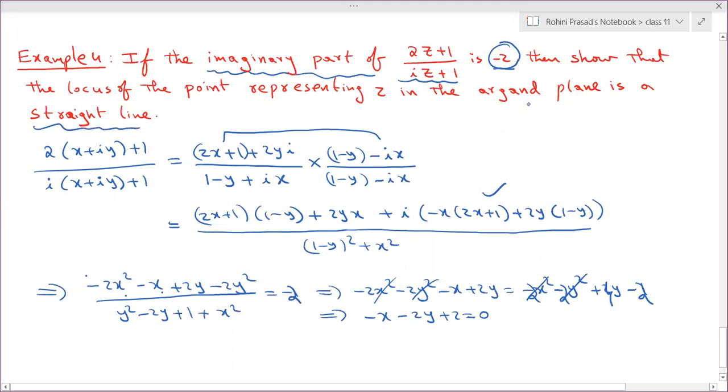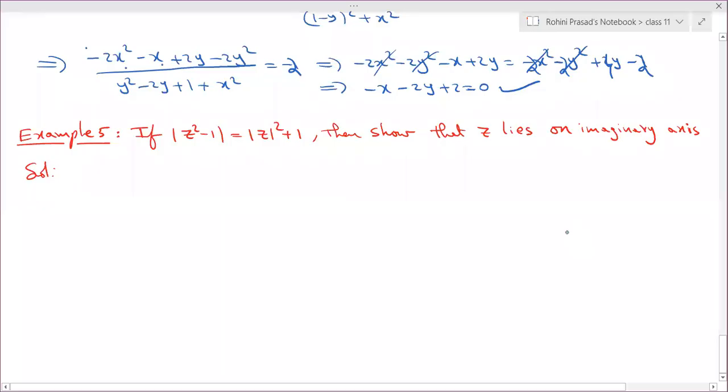Prove that the locus of z is a straight line in the Argand plane, and then this is a line equation, hence proved. Same as the previous one, you write the x plus iy the whole square minus 1, the modulus, equal to the modulus of x plus iy the whole square plus 1.